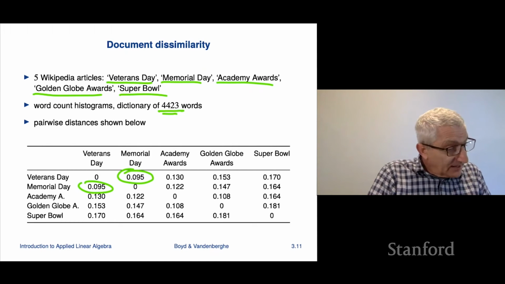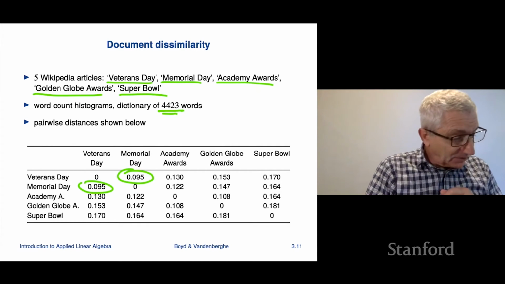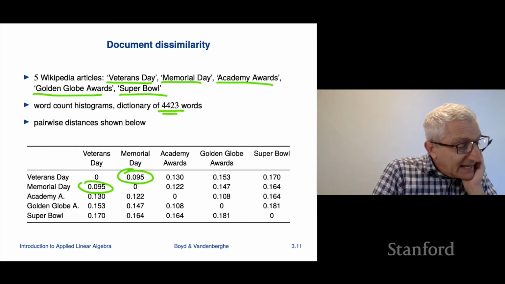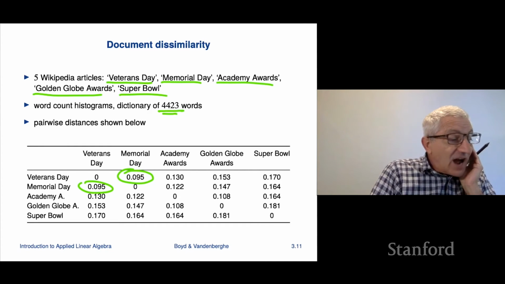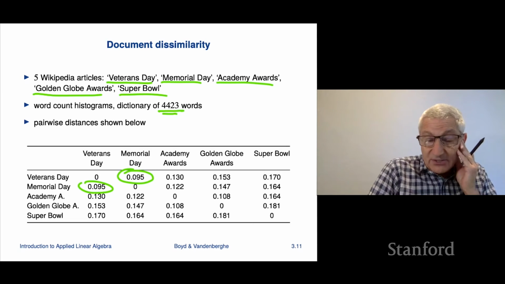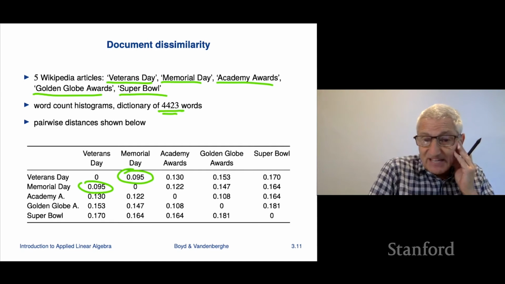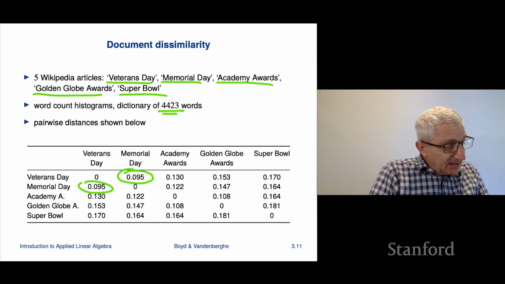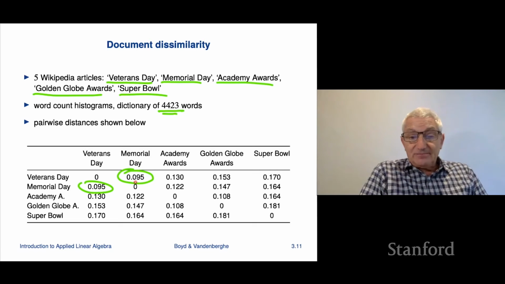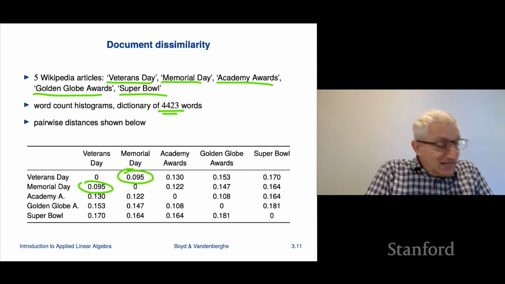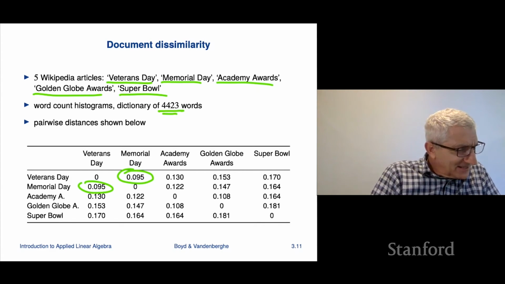Okay, all right. Now let's dive a little deeper and ask some questions. Among these 5 vectors, which 2 are the closest to each other? If we just scan across all this, it is indeed Veterans Day and Memorial Day. Does that make sense?